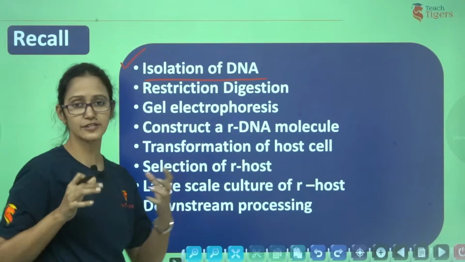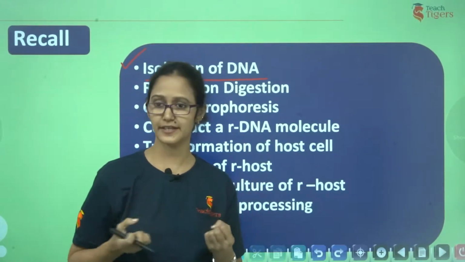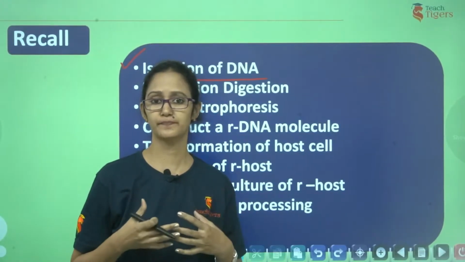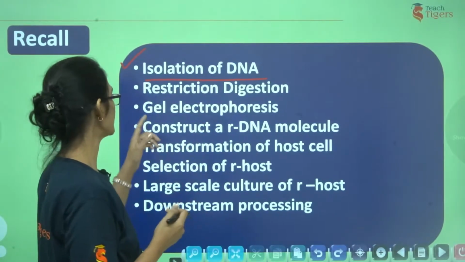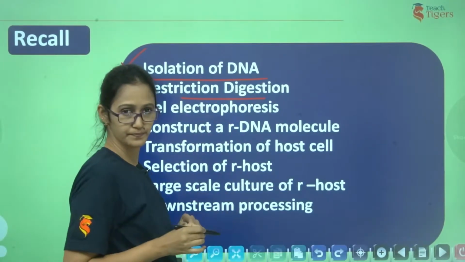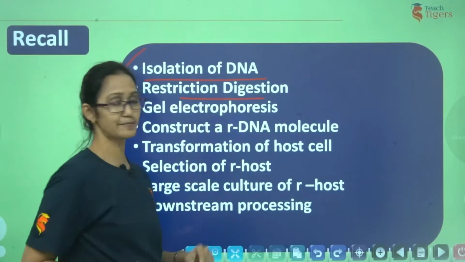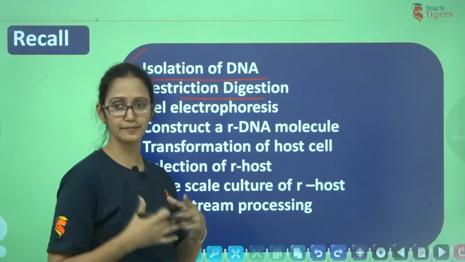The very first step is to break open a cell and collect the DNA in its purest form. Now once you get the DNA, it is subjected to restriction digestion. In restriction digestion, we are breaking the long DNA molecule into shorter fragments.